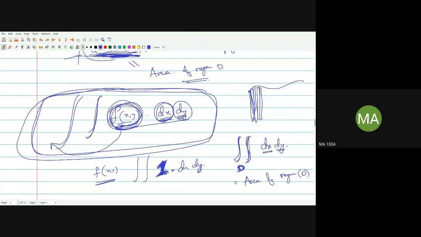If I double integrate dx dy inside some region, it will give me the area of that region D. The height is treated as 1, so there is no height role played.